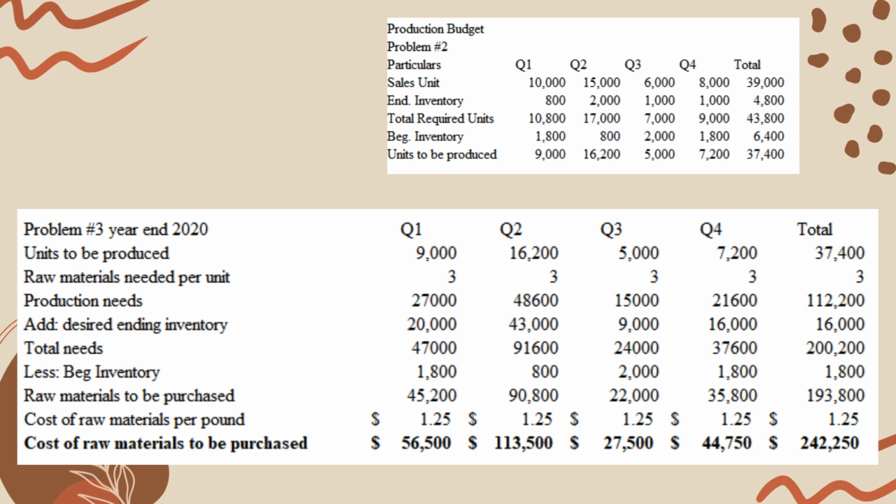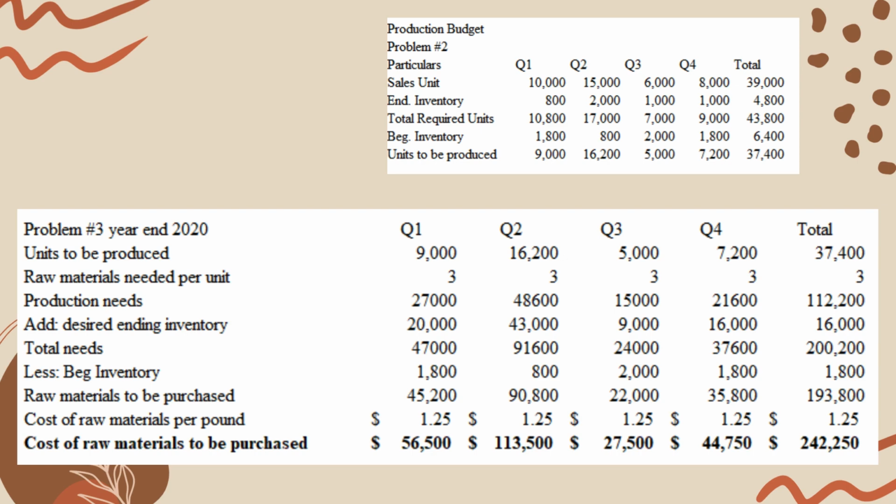production needs. And we will add a desired ending inventory, which is also, again, I assume only, which is 20,000 to get the total needs of 47,000. And after that, we will subtract the beginning inventory that was given in the production budget, which is 1,800. That will come up to a total of raw materials to be purchased of 45,200.